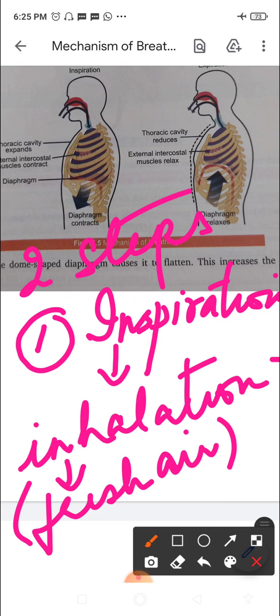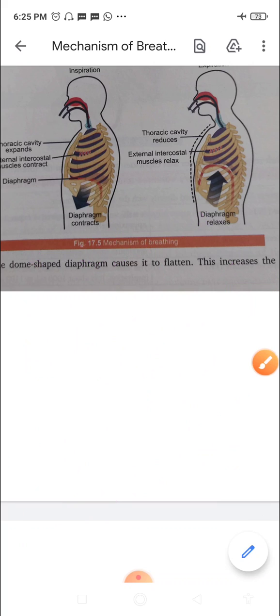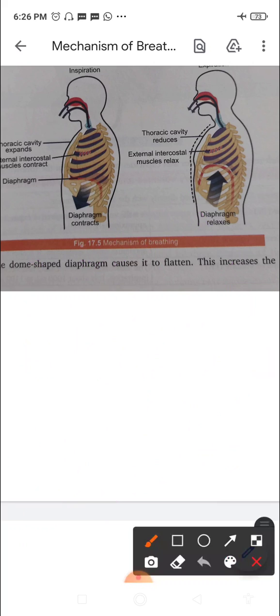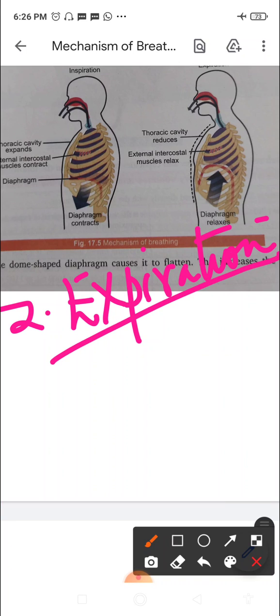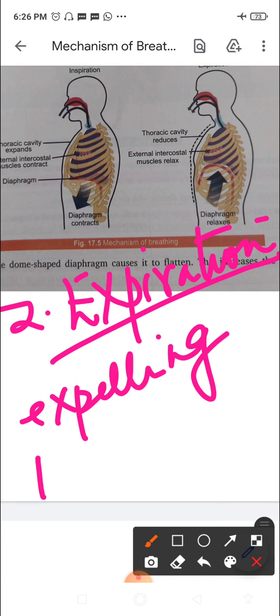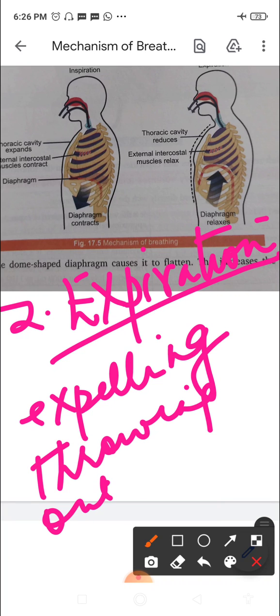The second step involved in breathing is expiration. What is expiration? It is expelling, or throwing out, of what? Foul air.